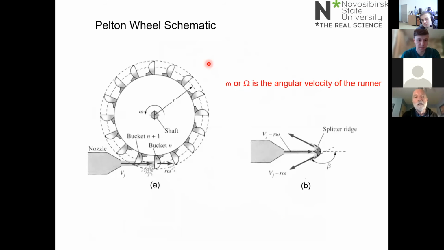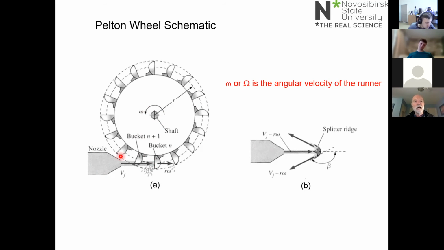Okay, so typically when you do the analysis, you make a number of simplifications, and here we're looking at some of them. We have a jet of water that is aimed at the runner of the turbine and is hitting bucket number N at this point here. The buckets and the turbine are rotating at an angular velocity of omega.